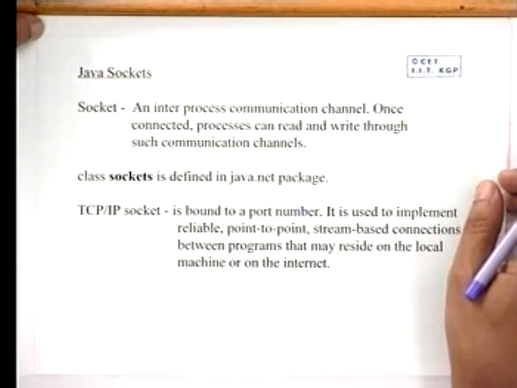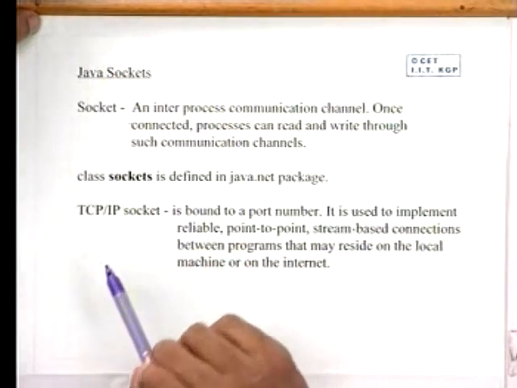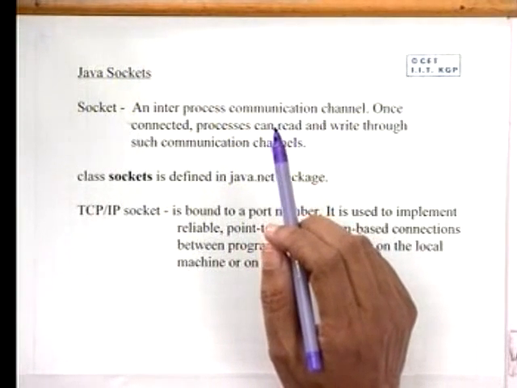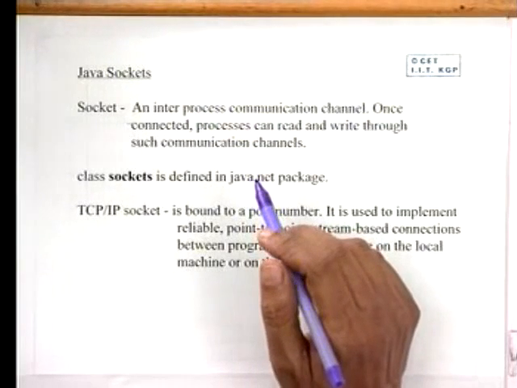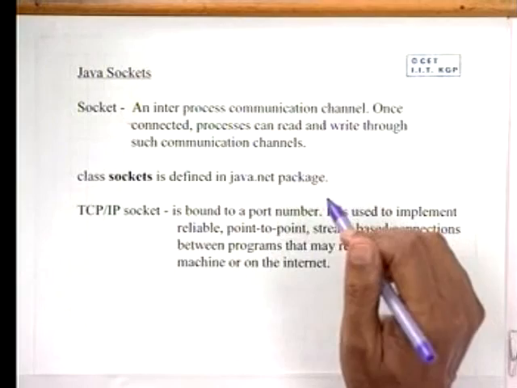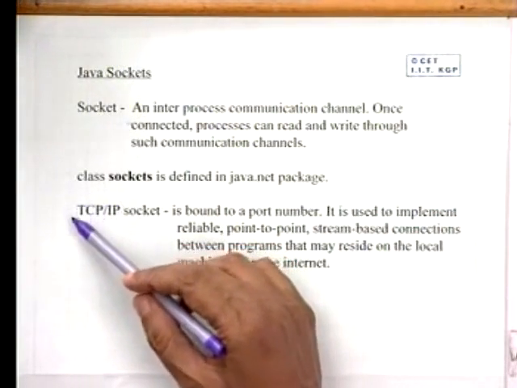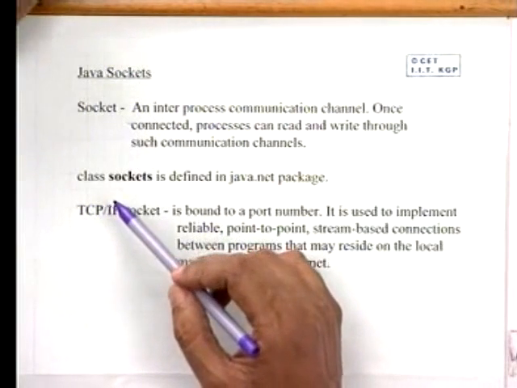One is the TCP IP socket, and another is the datagram socket. The name TCP IP is related to the well-known TCP IP protocol, which is used in the internet also, and the TCP part is a transport level protocol.